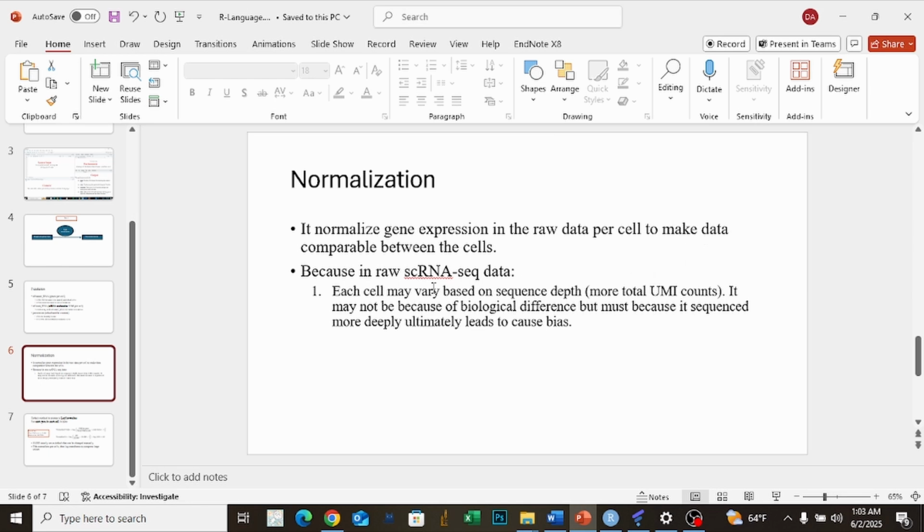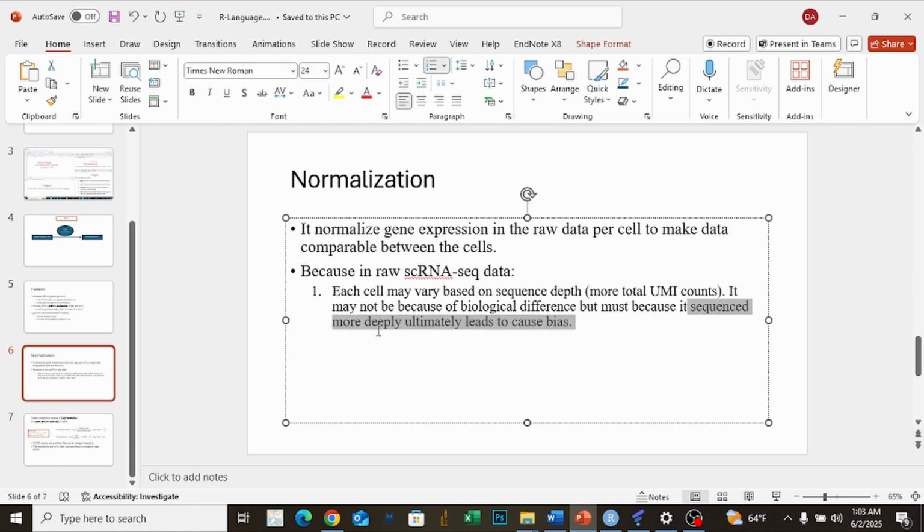These variations might occur not because of biological differences, but because of sequencing depth. These variations cause bias. To minimize these variations, we can use the normalization functions available in Seurat.